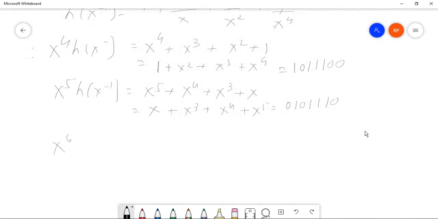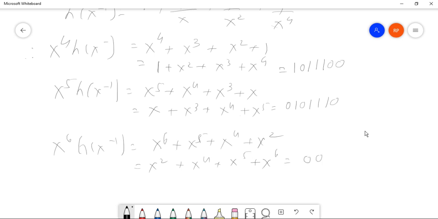Then let us go to x raised to 6 multiplied by h of x raised to minus 1. If I multiply, then it will be x raised to 6 plus x raised to 5 plus x raised to 4 plus x raised to 2. Writing it in increasing order of powers, it is x square plus x raised to 4 plus x raised to 5 plus x raised to 6.